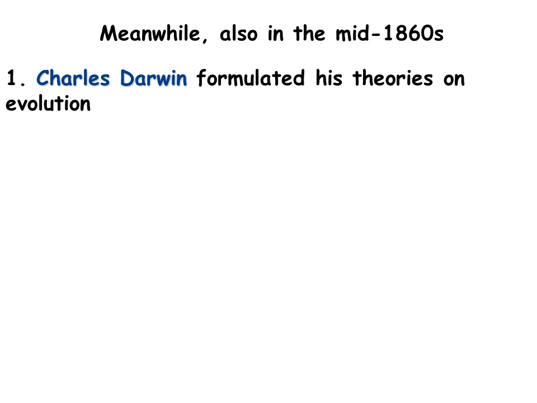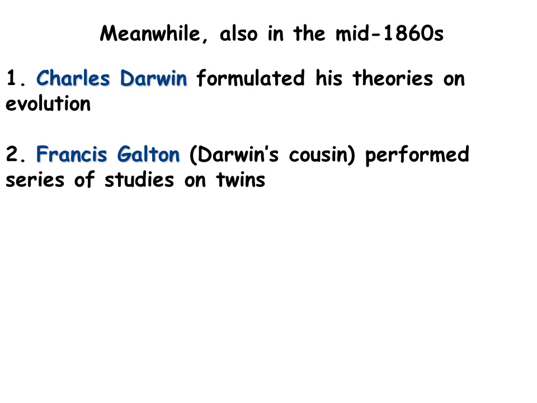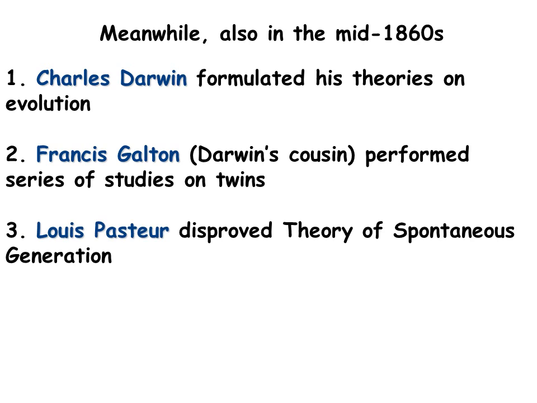Now, while Gregor Mendel was working on his pea plants, a lot of other significant things were going on in the world of science in the mid-1860s. It was kind of a heady time. First you had Charles Darwin, of course, getting everybody upset with his theories of evolution. Then you had Francis Galton, who happened to be Darwin's cousin, who performed a series of studies on identical twins, again looking at inheritance patterns.